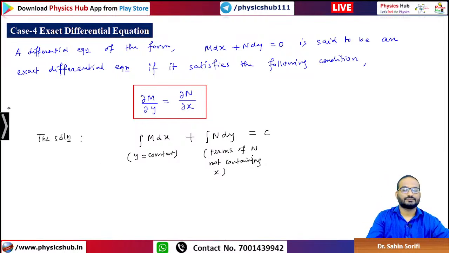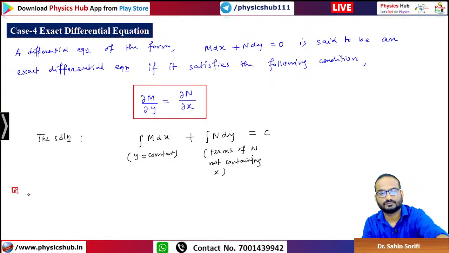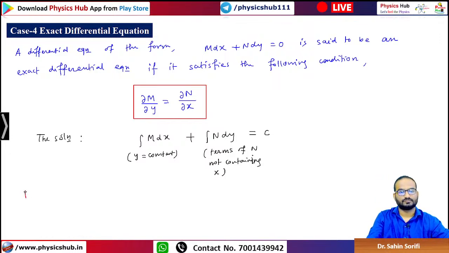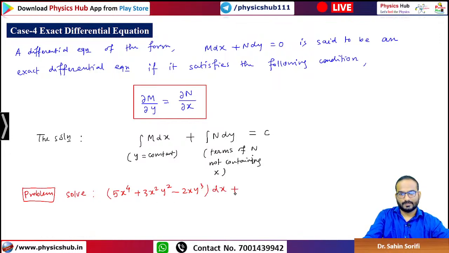Giving you a problem. Solve this particular differential equation. 5x to the power 4 plus 3x square y square minus 2xy cube dx plus 2x cube y minus 3x square y square minus 5y to the power 4 dy equals to 0.